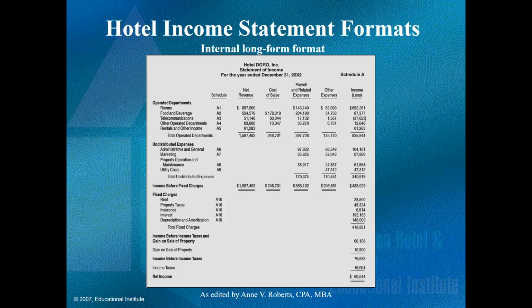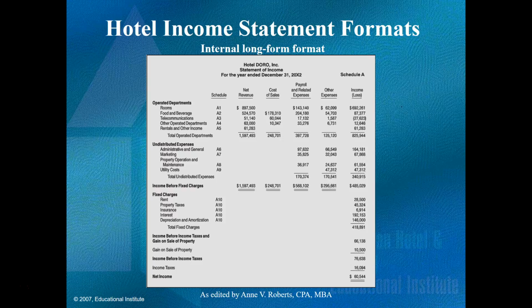Then maybe there's another level down where the food manager gets some portion of this, and then the beverage manager gets another portion of that line, okay? Then you've got the telecommunications manager, other operated departments, okay? So each individual operated department, that manager is going to get that specific piece, right? Okay, and then the rentals and the other income generally fall under the general manager of the location.